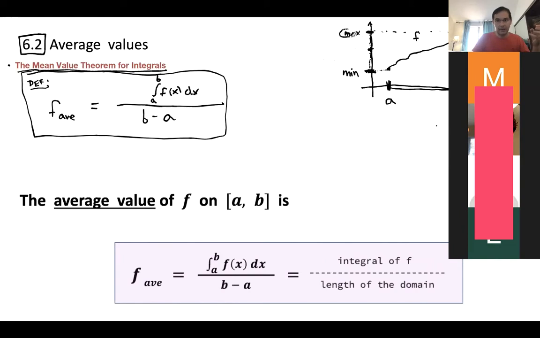Somewhere in between is a point called the average value of the function, and this is the number f average. The average value of a function is a number. And how do we compute this number? Very simple. I look at this fraction, and the numerator is simply the definite integral from a to b of this function. So this is the area, and then it is divided by b minus a, the length of the domain of this function.